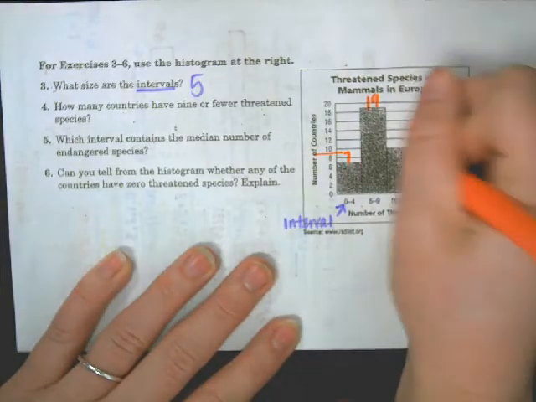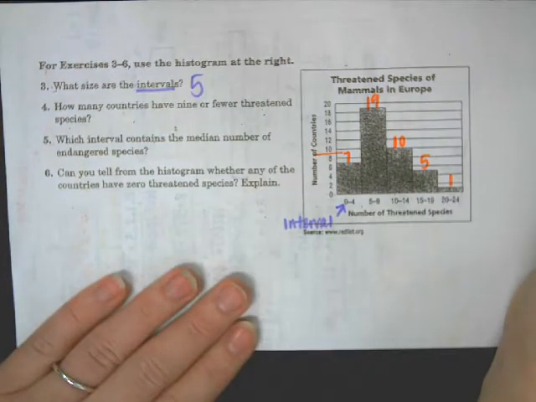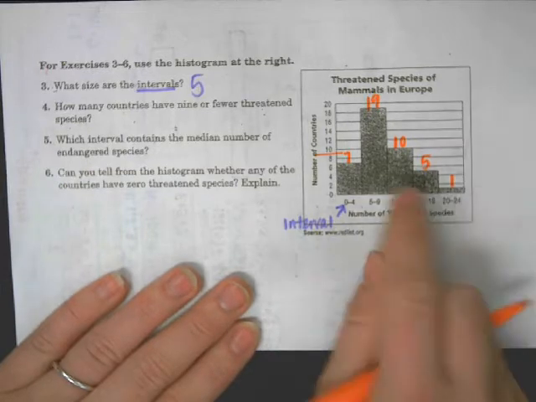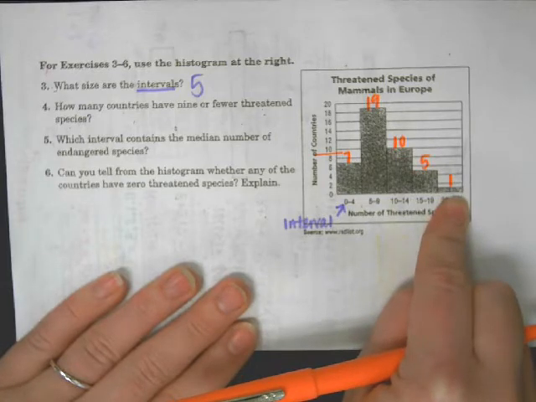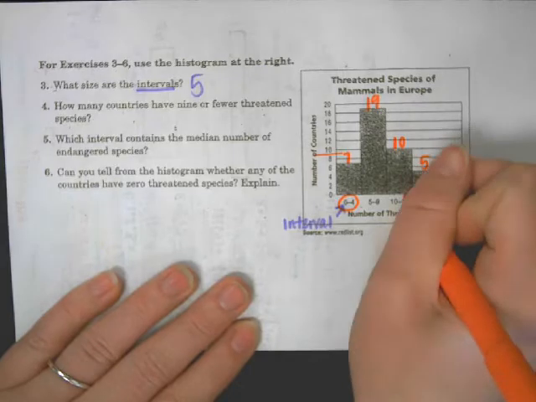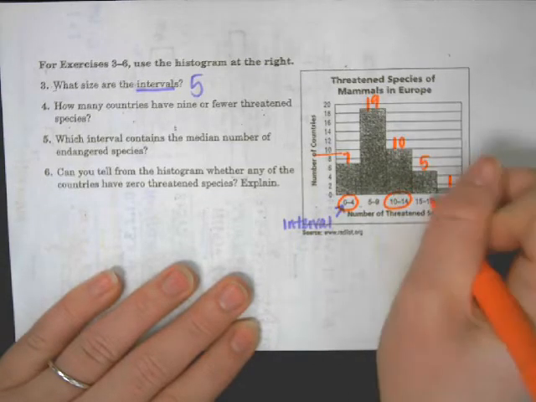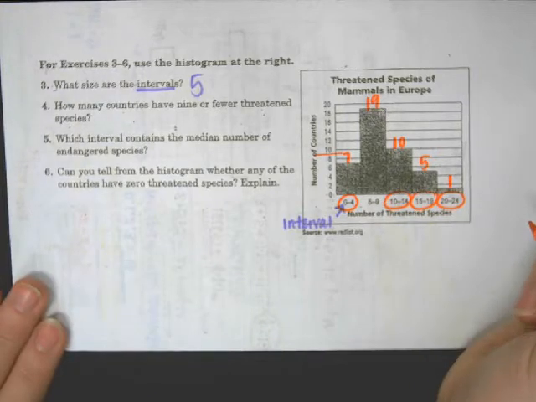This one has 10. 5, and 1. How many of these countries have 9 or fewer? I would say 7, 5, and 1 work for the numbers 0 through 4, 10 through 14, 15 through 19, and 24 through 26.